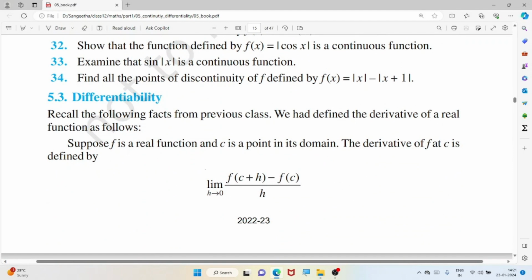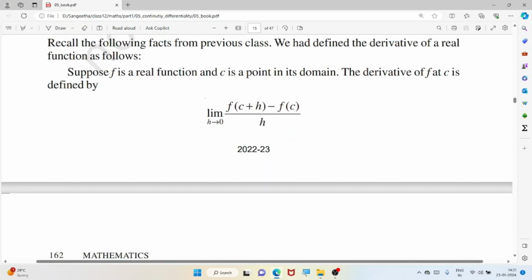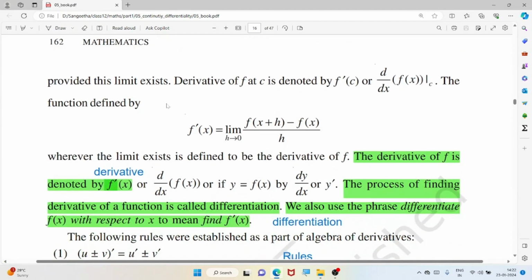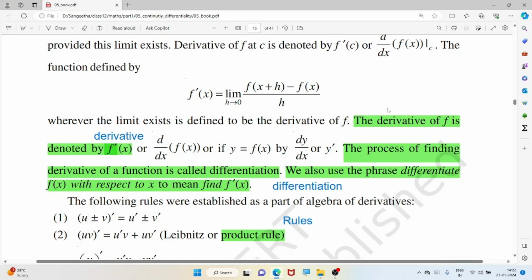Differentiability. Recall the following facts from the previous class. The derivative of f of x is denoted by f dash of x. This is how you indicate the derivative. d by dx of f of x equals f dash of x.